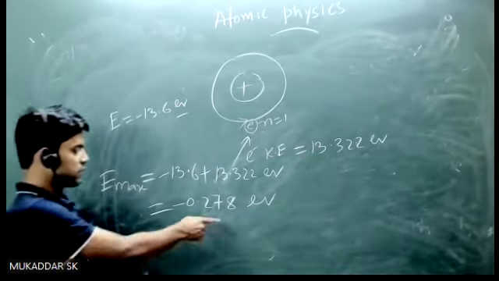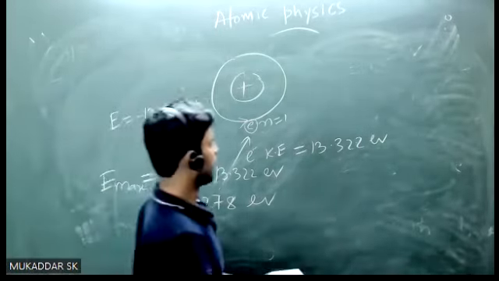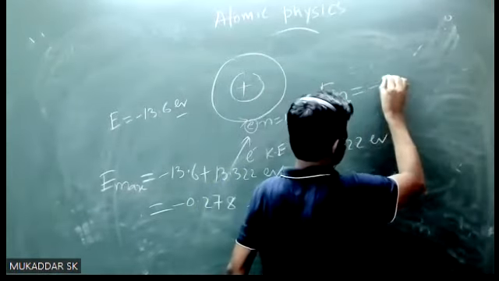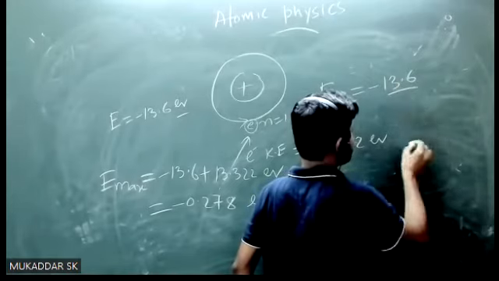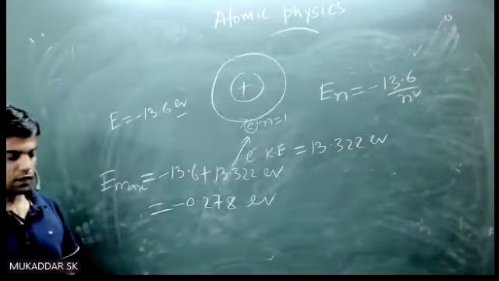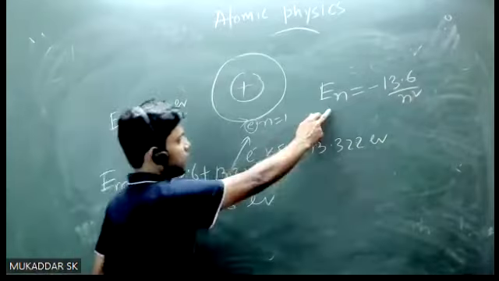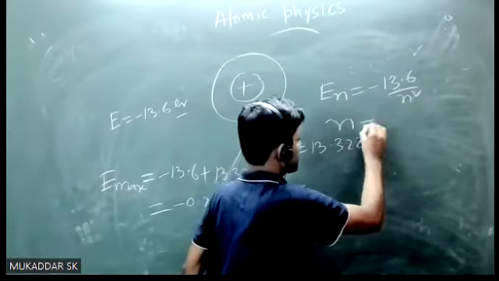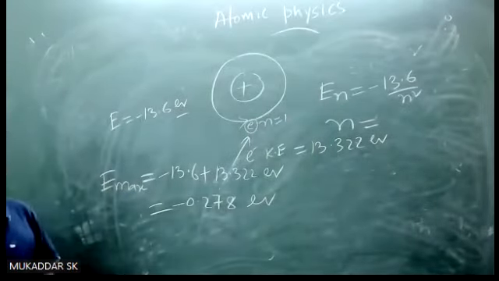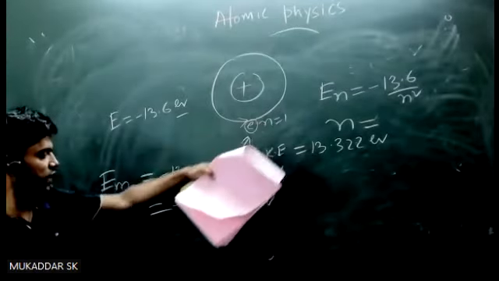Now can you check which orbital this number corresponds to? Because you know the energy of the nth orbital is minus 13.6 by n square. So if you substitute this value here, what will the n value be? This is the energy of this electron, so you have to check which orbit this energy corresponds to.